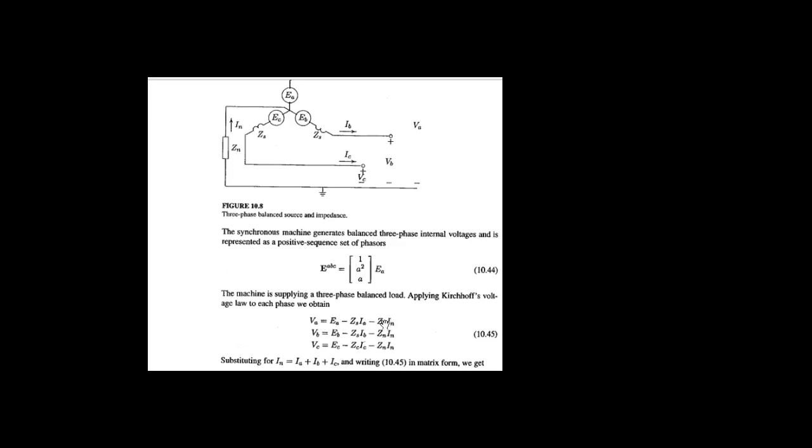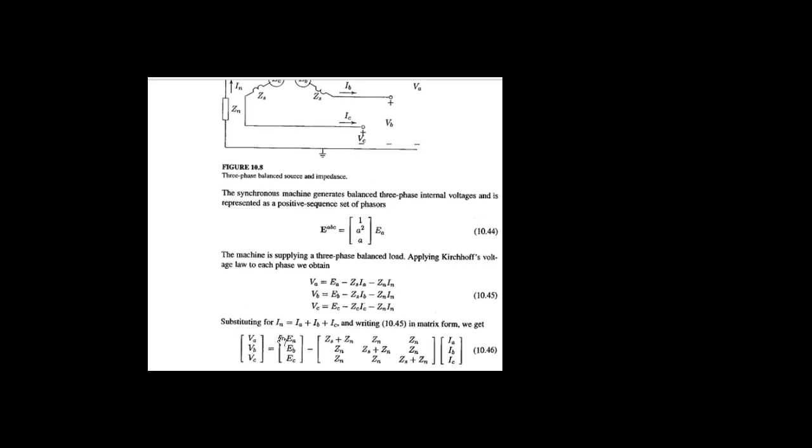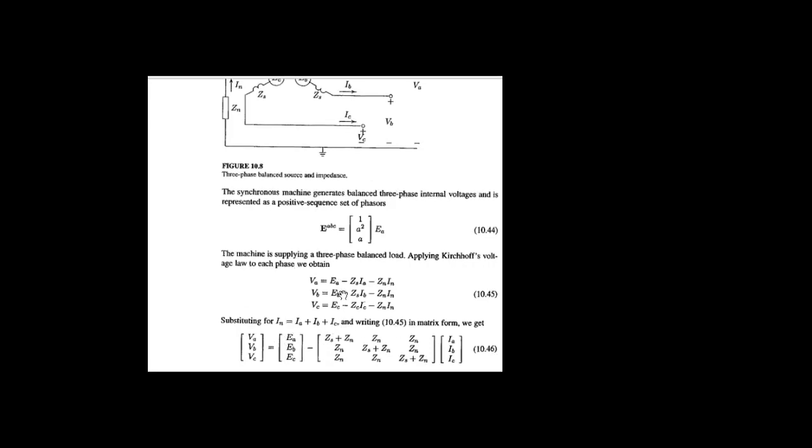When we put that information, the IA coefficient will be there as well as IB and IC, like the last class on sequence impedance. If we extract that sequence impedance information, it will be like this.